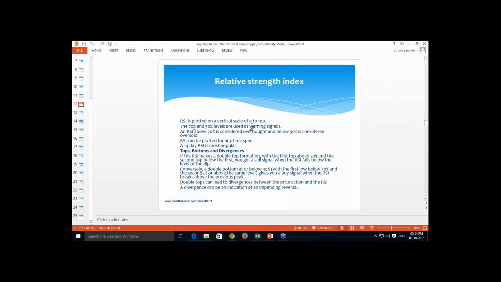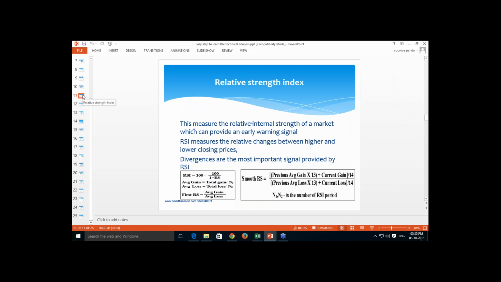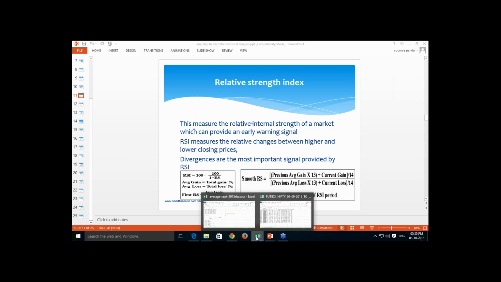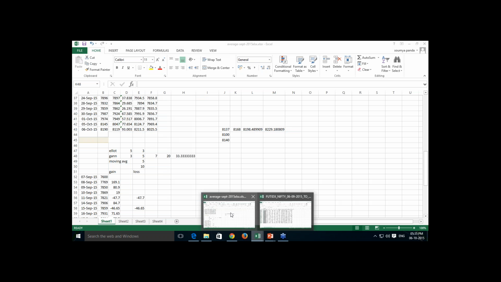RSI is 100 minus 100 divided by 1 plus RS factor, and the RS factor you find as average gain divided by average loss. Smooth RSI also has a formula, and other variations of this formula are also present.